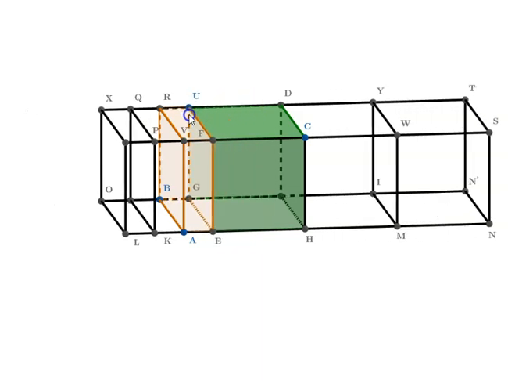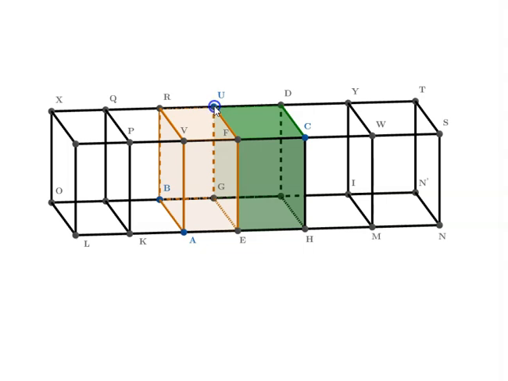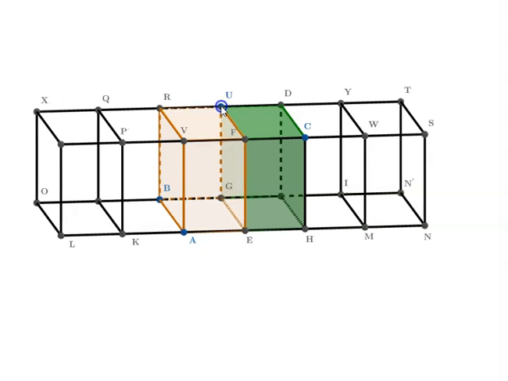If LF is less than NF, then Lu is less than Nu. And if LF and NF are equal, then Lu and Nu are equal. Basically, that's what is the definition of proportionality.